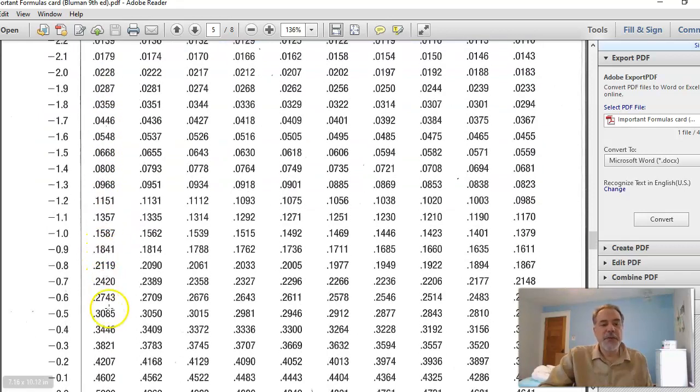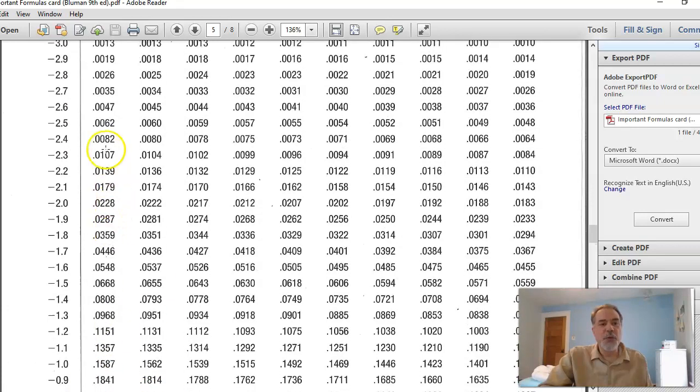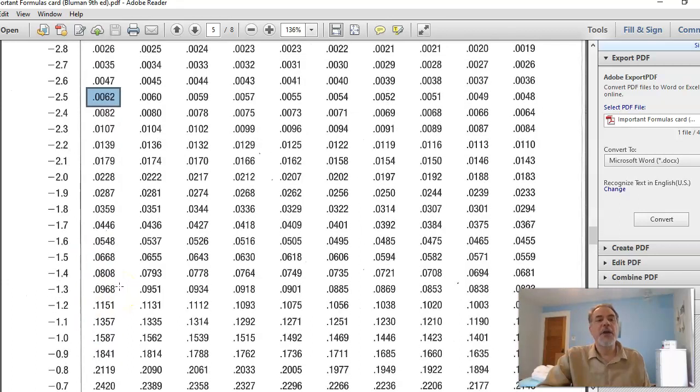We're looking in this first column here, and it gives us a 0.3085. And then for the other z, the negative 2.5, we find 0.0062. So what we need to do is subtract those areas, 0.3085 minus 0.0062.